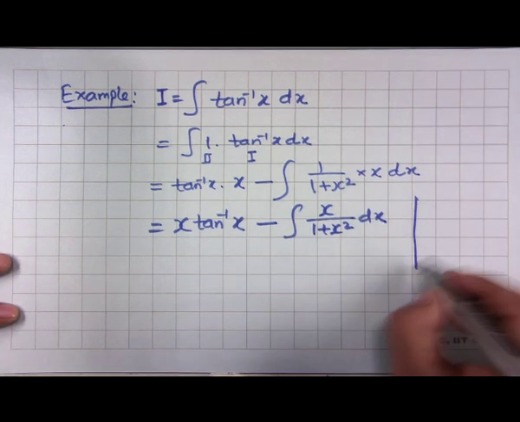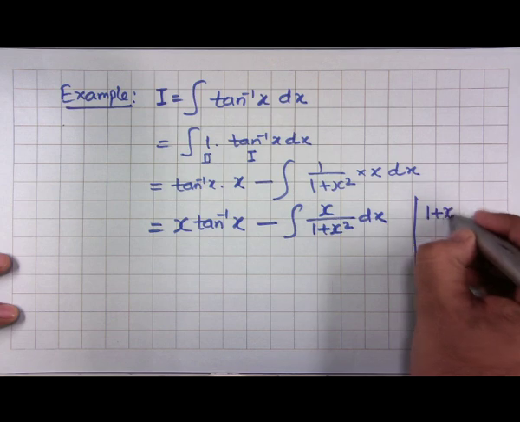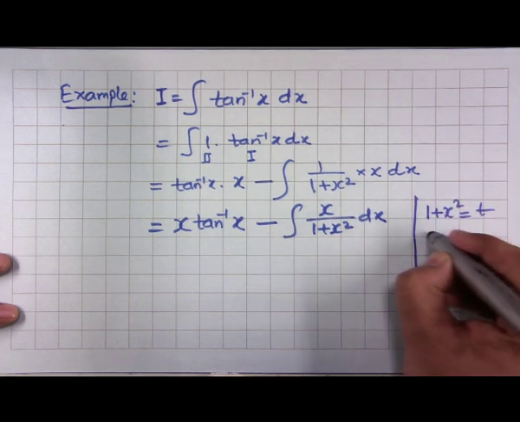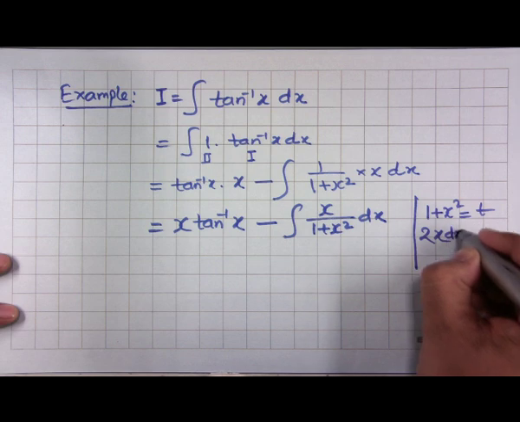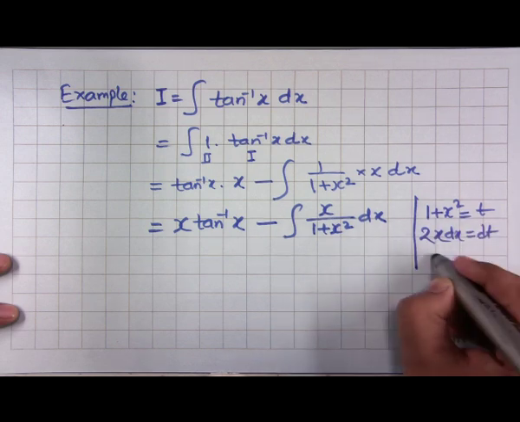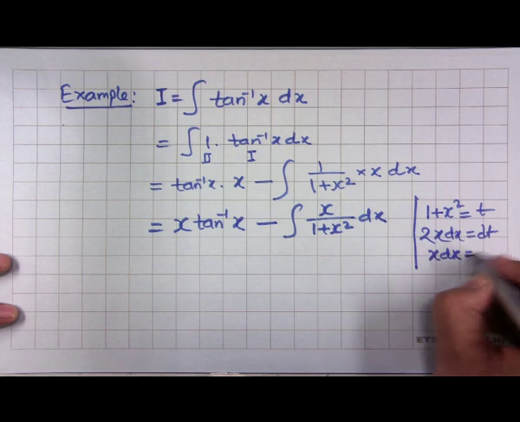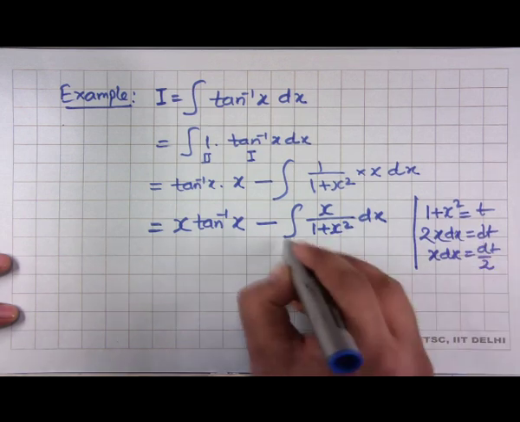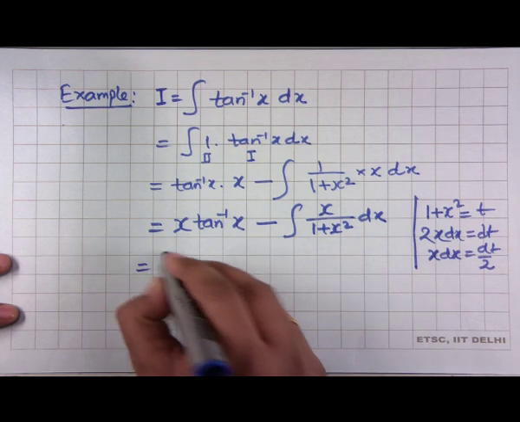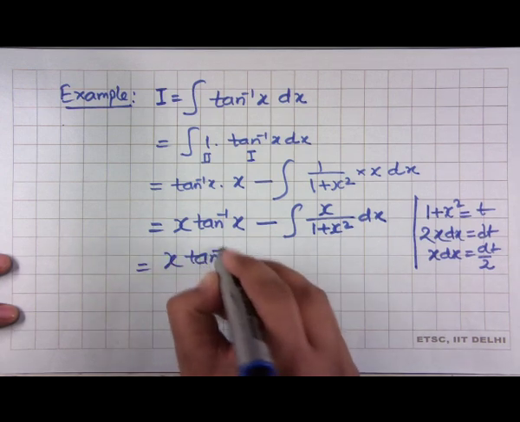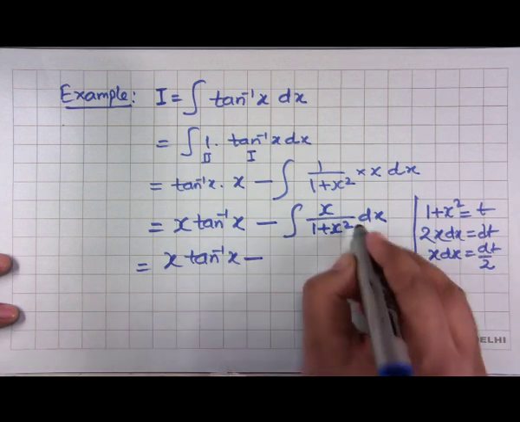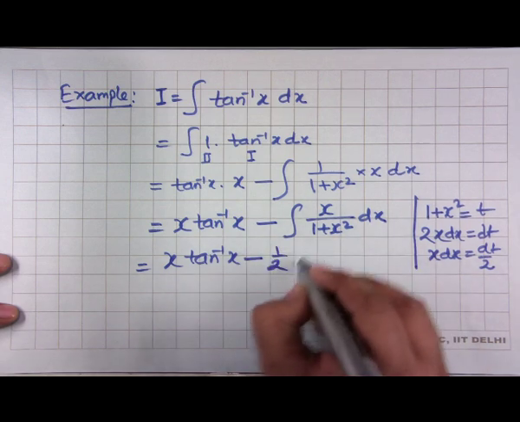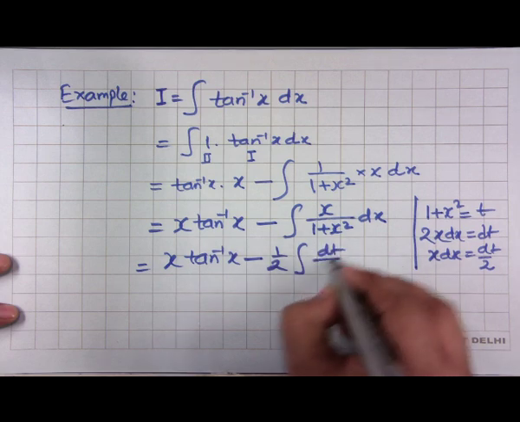So, you take the denominator 1 plus x square as a new variable t, so that you get 2x dx equals dt, that means x dx equals dt by 2.